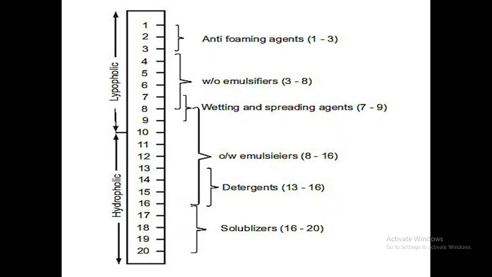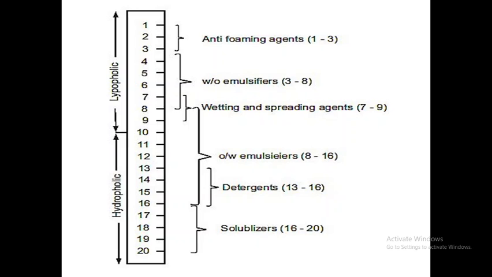Based on the HLB value, the use of the surfactant is also different. Surfactants having HLB value 1 to 3 are used as anti-foaming agents. Those having HLB value 3 to 8 are used as stabilizers or emulsifying agents for the formation of water in oil type of emulsion.